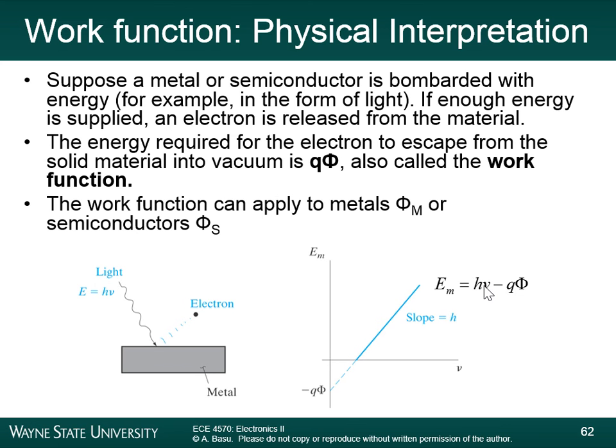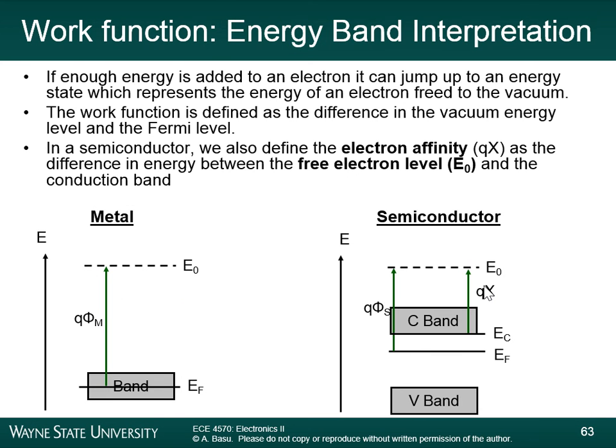So if we jump ahead here and then we'll come back to this. If we look at this diagram here, this is the energy band diagram for a metal. This is the energy band diagram for a semiconductor. We draw those energy band diagrams to represent what all the different energy states are. Electrons can occupy certain energy states. In a metal, those energy states are clustered into a band, and the Fermi level is in the middle of that band.